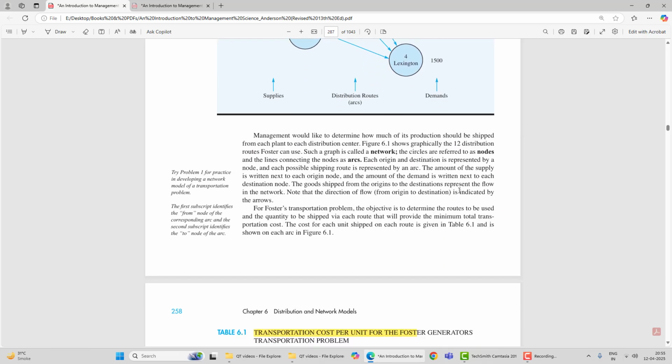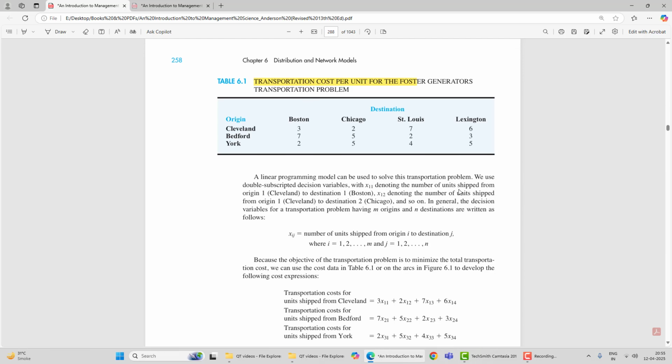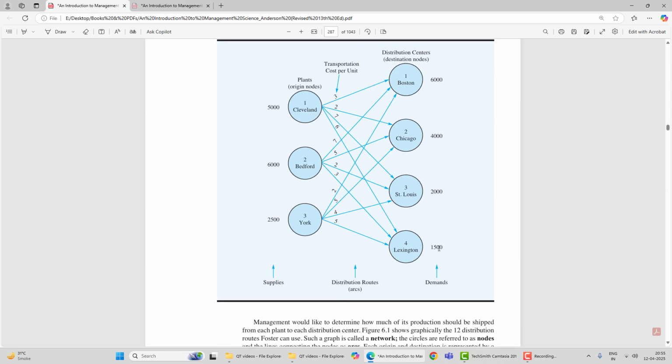To set up the problem, we have to first define the variables. Let xij be the number of units shipped from origin i to destination j. So i will be 1, 2 and 3, and destination in our case will be 1, 2, 3 and 4.